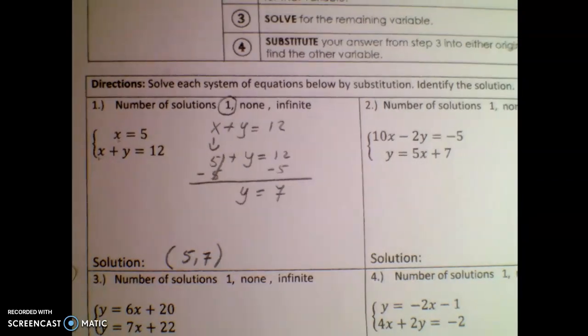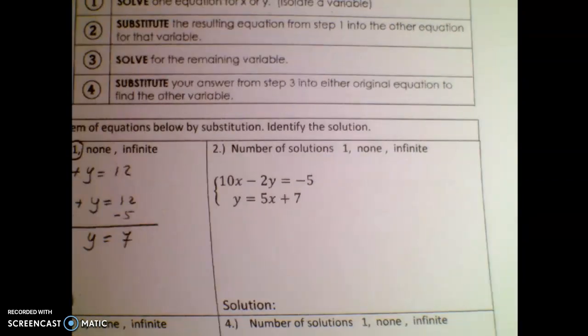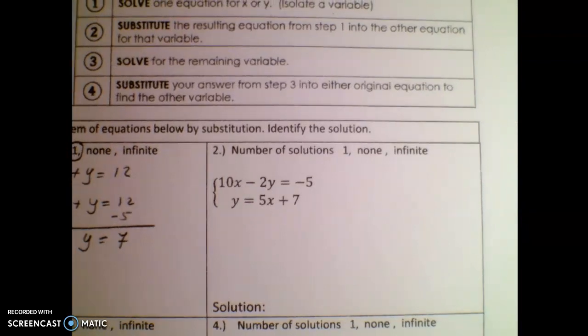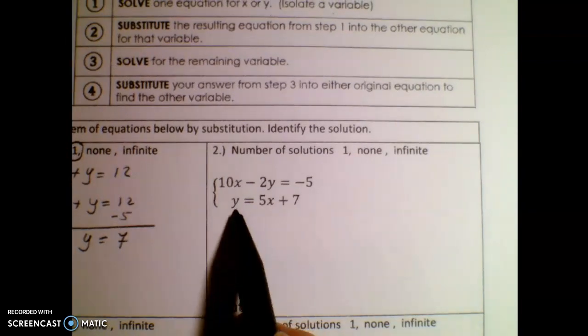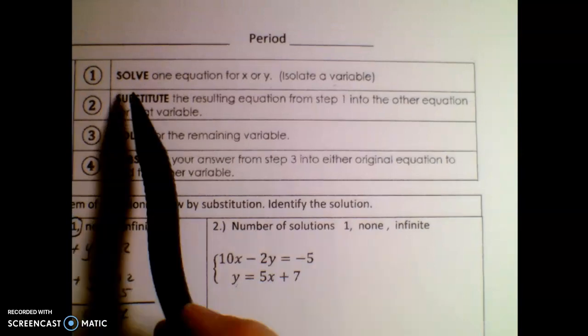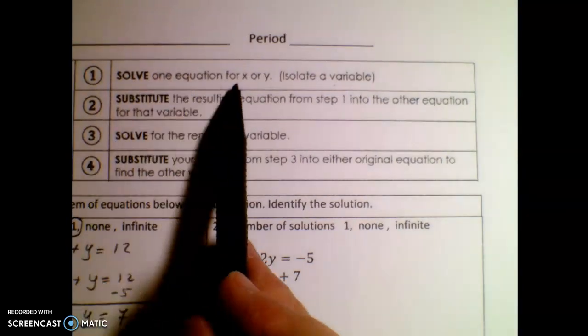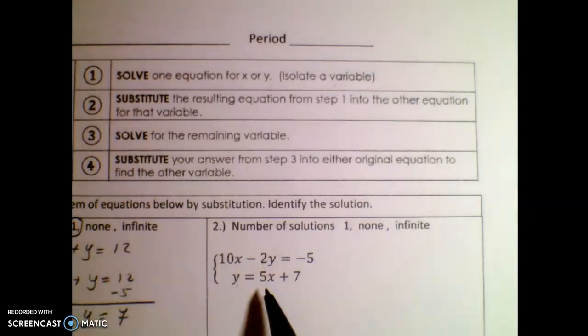Okay, let's try the next one. I'll go to number 2. Okay, again, this one has step 1 solved for us already. So step 1 says solve one equation for an x or a y. This one is already solved for y. So that means wherever I have a y value in this equation, I'm going to replace it with 5x plus 7.